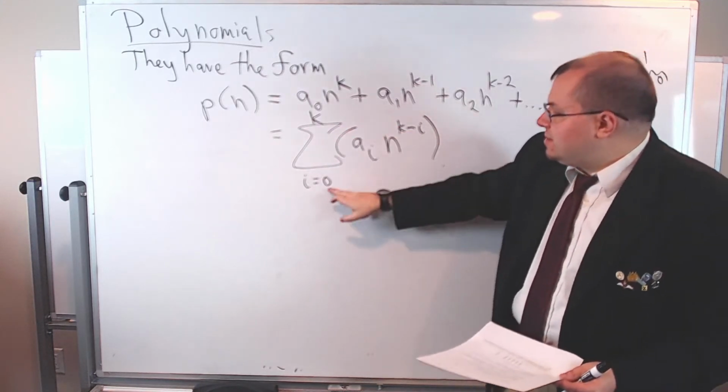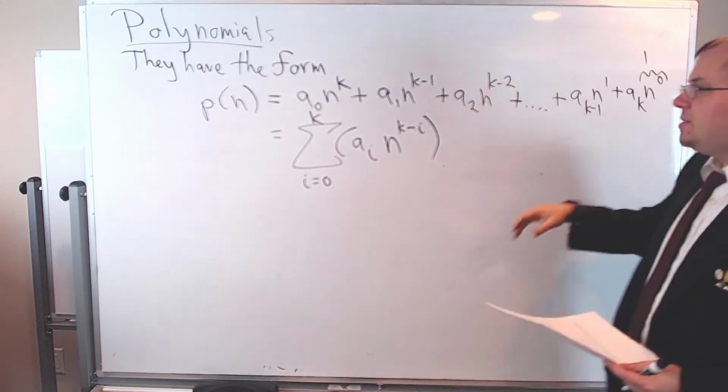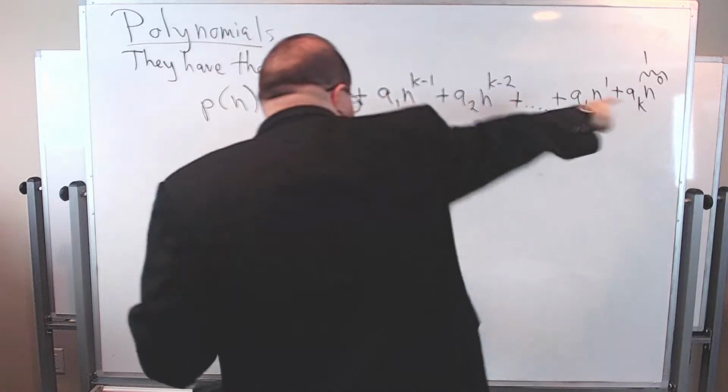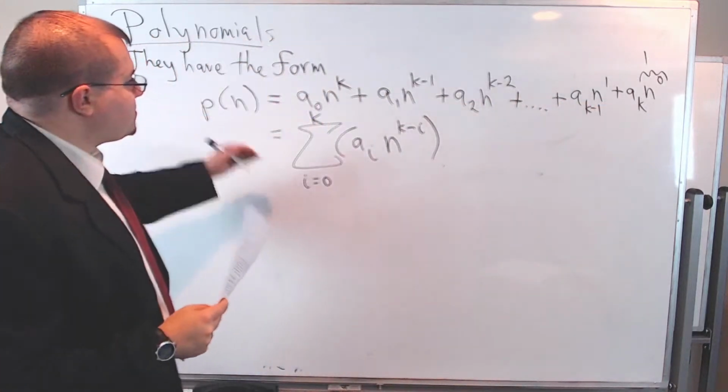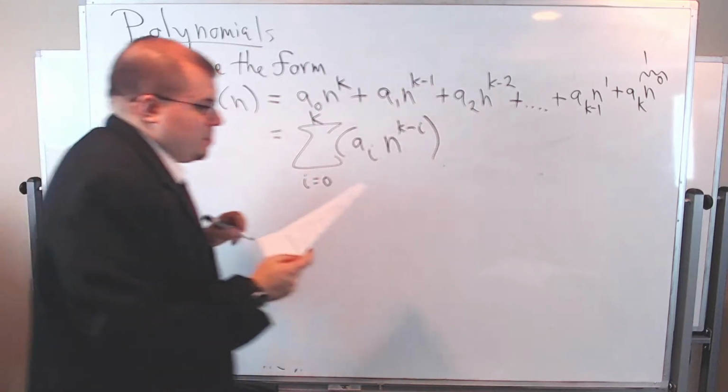Notice that this starts at 0, goes 1, 2, all the way up to k. So I'm adding over all of these terms. This is typically the form I'm going to be talking about when I talk about a polynomial.